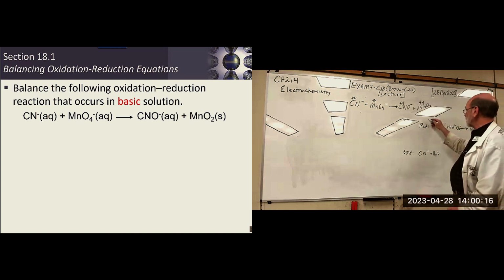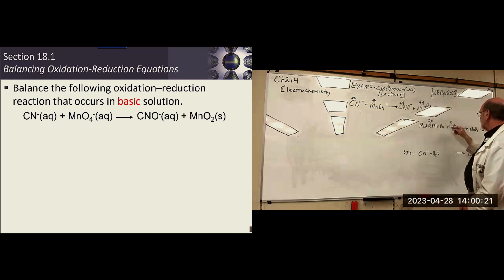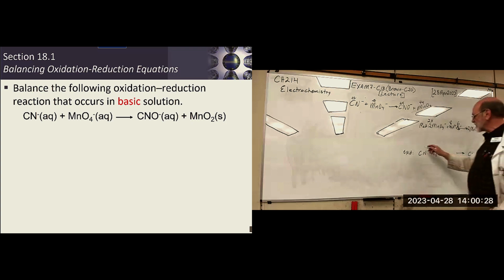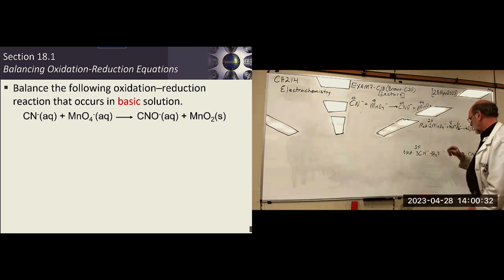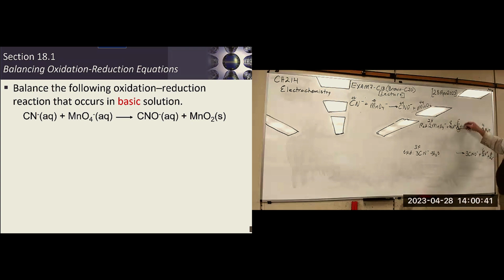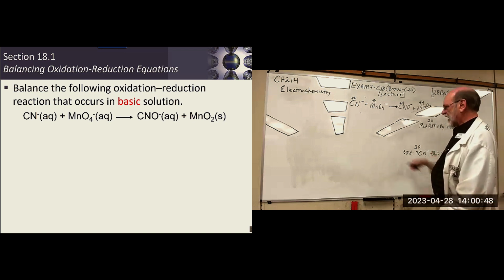So 2 times this one would give you 2 here, 8 there, 6 there, 2 here, and 4 there. And then 3 times this one would give you 3 here, 3 there, 3 there, 6 there, and 6 here. So 6 electrons on both sides are balanced. And we can add things back together. I'm going to add them over here.